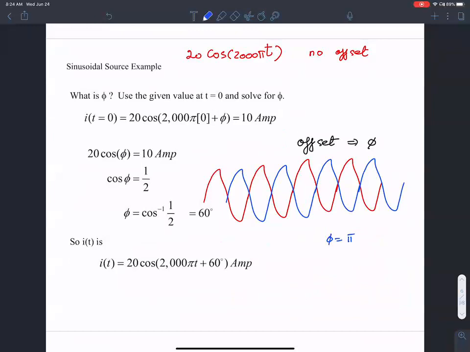Now, phi can be calculated by plugging t equals 0 into that expression, and it will give me a value phi, which would have given a value of 1/2 at the origin, at time t equals 0.